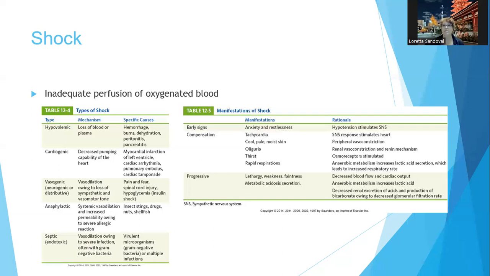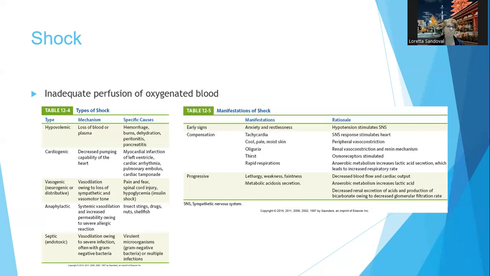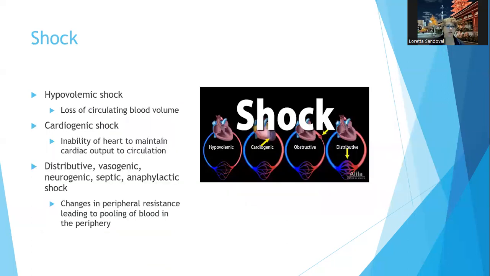The metabolic acidosis is caused by that increased lactic acid and increased renal excretion of acids and production of bicarbonate, because we have that renal vasoconstriction and the renin mechanism and a decreased glomerular filtration rate. So it's all tied together, isn't it? It's all tied together. So the kind of shock that you're going to see in a myocardial infarction is cardiogenic shock because of the decreased pumping capability of the heart.